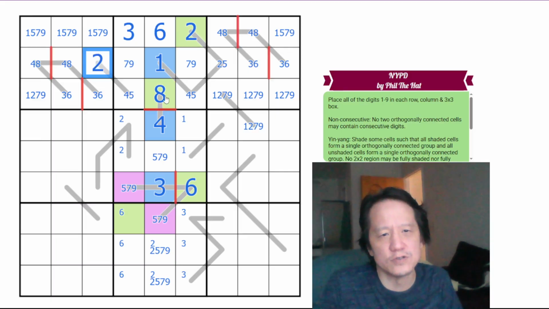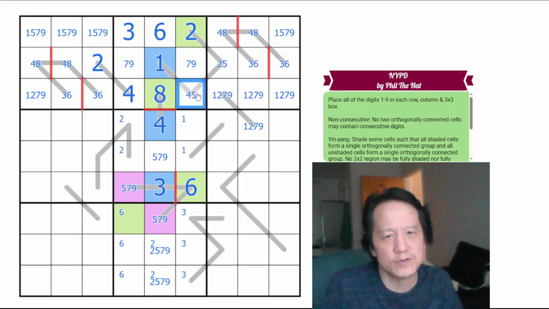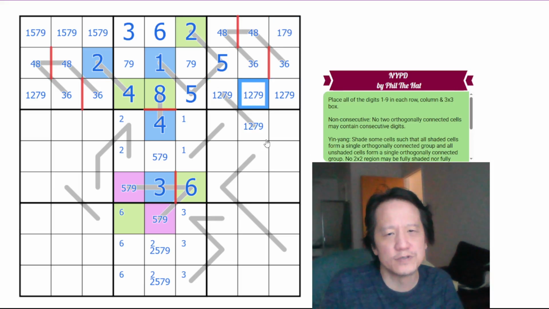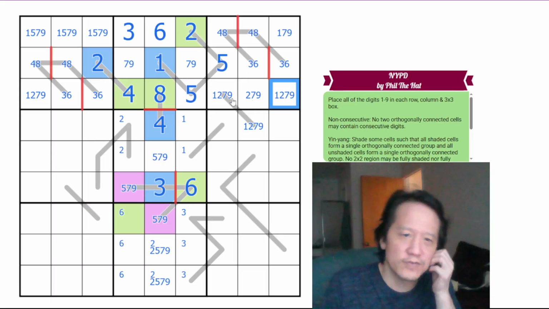Therefore, this is 2. This is 4. This is 5. So this is doubled. This is the same digit. These have to be the same. So these are 5 and 5. Therefore, 2 must be one of these. Therefore, this cannot be 1 because that would split the 2's in one of these two areas, and they would be consecutive.